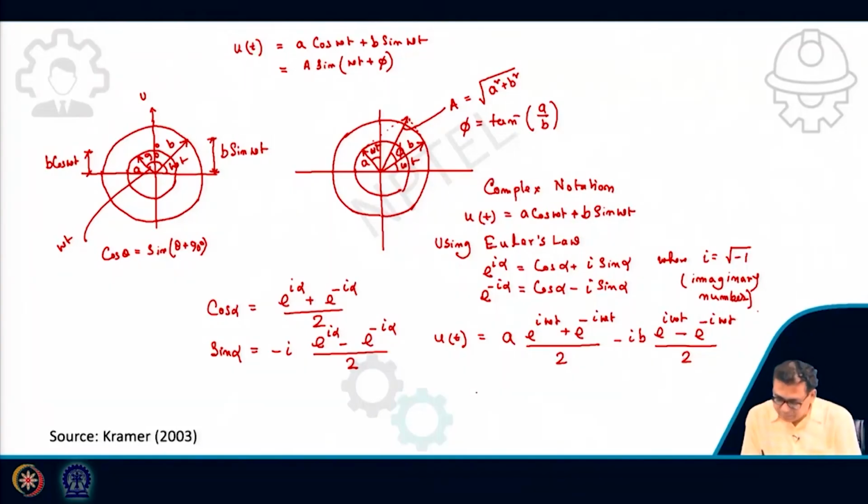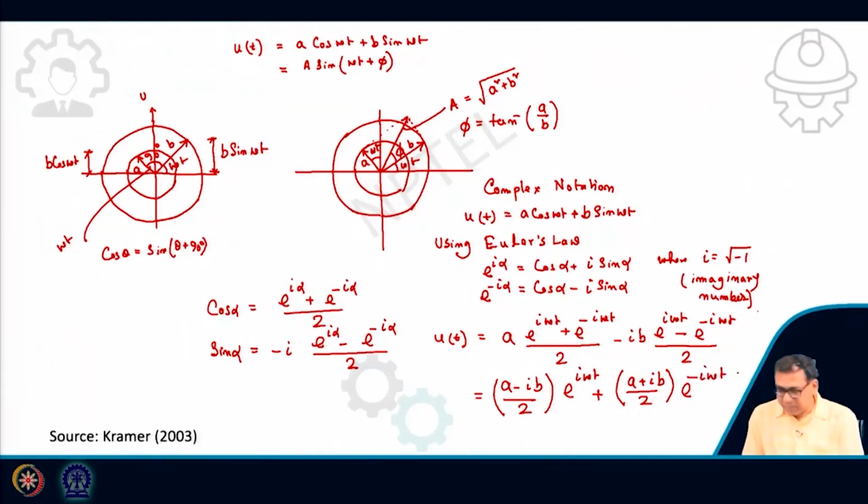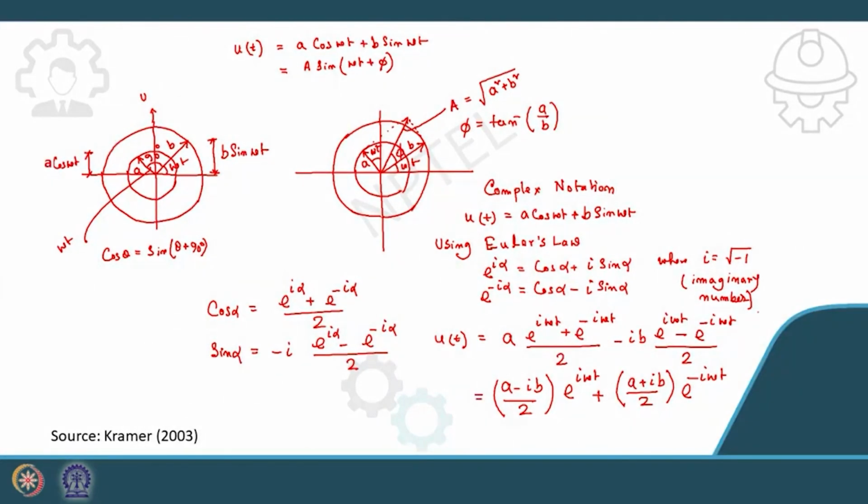Further, if I simplify it, I will get (A minus iB) divided by 2 times e to the power i omega t, plus (A plus iB) divided by 2 times e to the power minus i omega t. Okay, so this way I can express this simple harmonic motion in complex notation also.